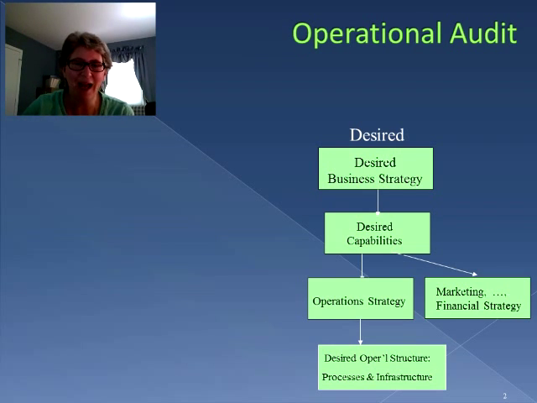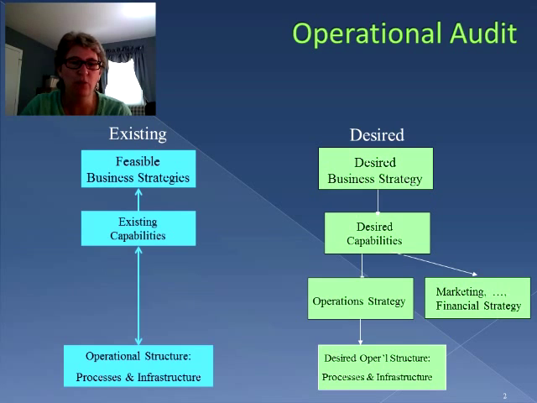But if we already have an existing organization, we already have things in place. We have existing capabilities, we have existing processes and infrastructure, and they may or may not be able to produce our desired business strategy.